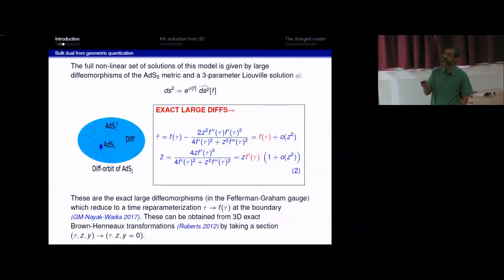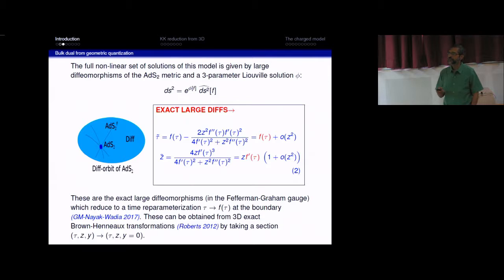They act on the reference metric here, as well as on this. I'm not going to write down the full detail of this. When I describe the second approach, I'm going to write down the nonlinear set of solutions, the full set of metric solutions in that context, in the Jackiw-Teitelboim context later on.